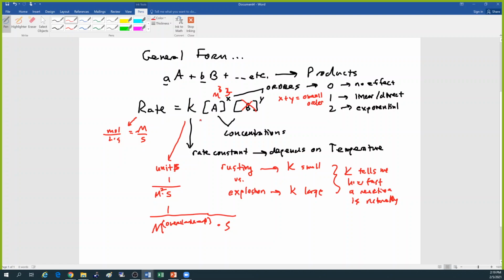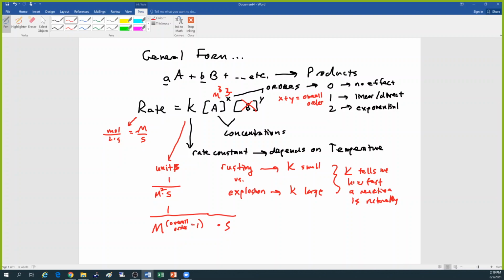And I'll point this out as we're going, because I know it's hard to see until we see examples. So now I'm going to do a series of examples that highlight how this works, and then what we can interpret from it. Sorry, let me write that a little bit better. Overall order minus 1. Any questions so far just about this general idea before I actually put together some problems?